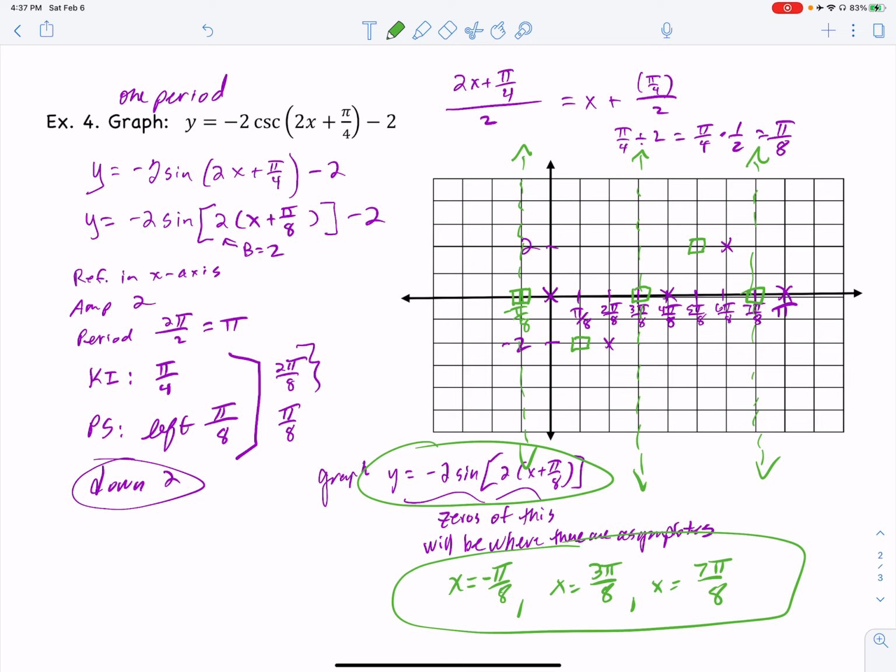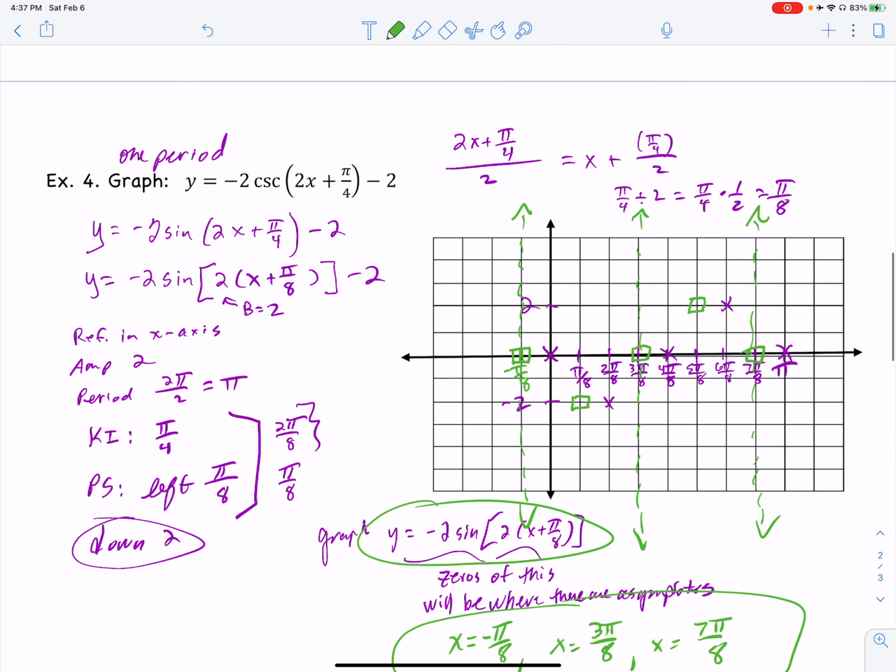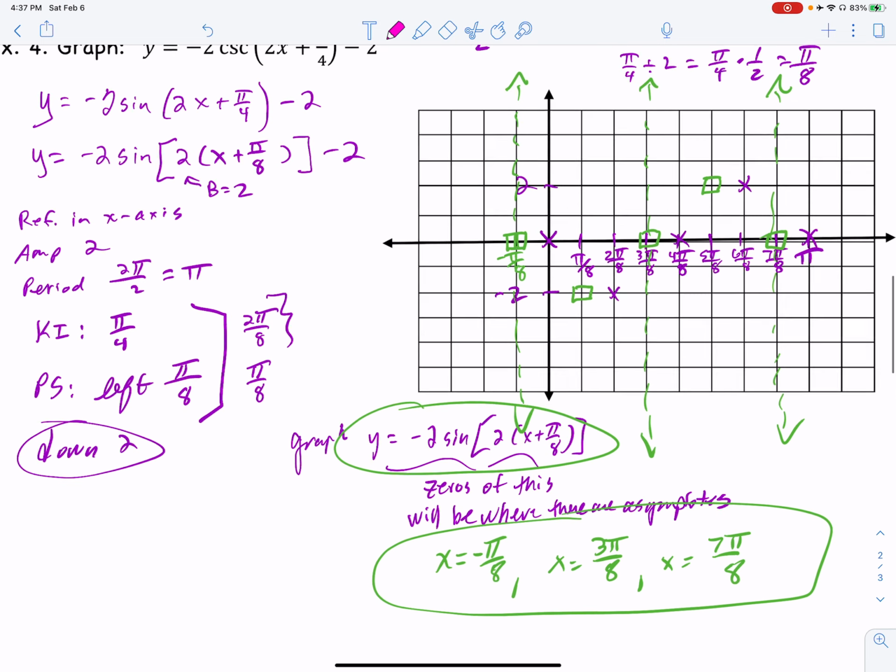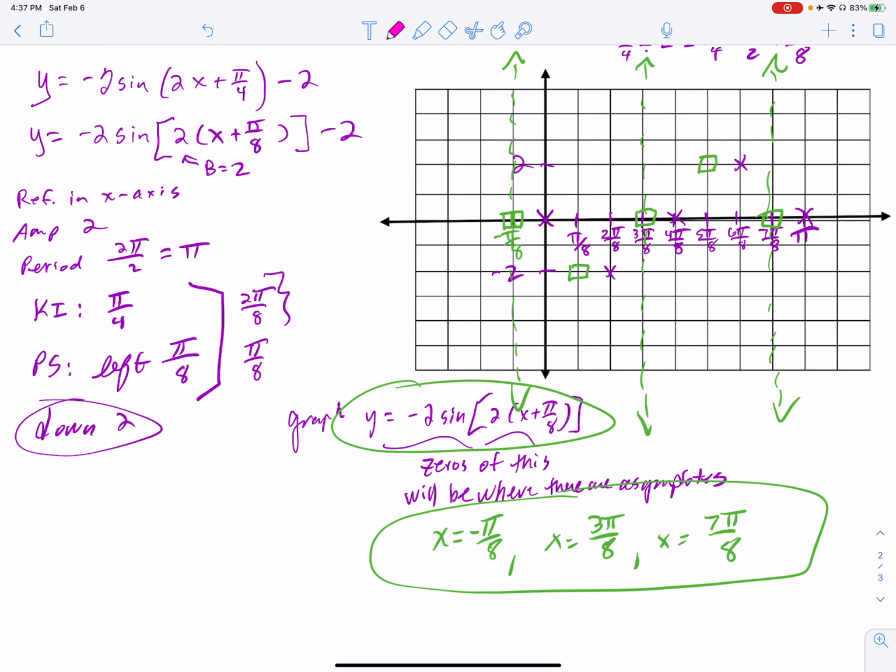And now I am going to apply the vertical shift. So if I apply that vertical shift, it's going down 2 units, so for each of those green boxes, I'm going to go down 2. And my sine graph, which is not my end graph, so I'm just going to dot it, would look like this.